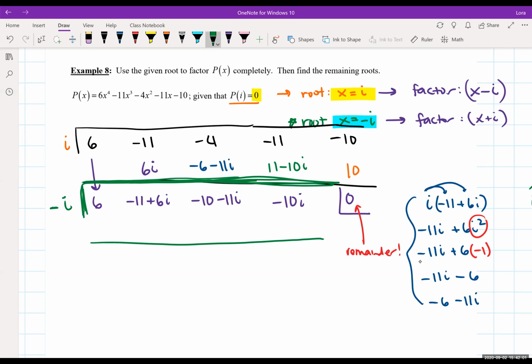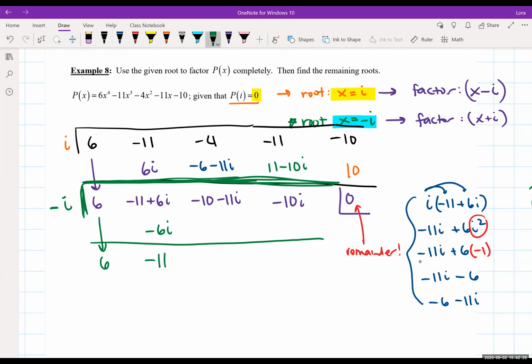So one more time, I'm going to bring the 6 down. Now, when you multiply 6 times -i, you end up getting -6i. When you add vertically, you will notice that your i terms drop out and you end up getting -11.